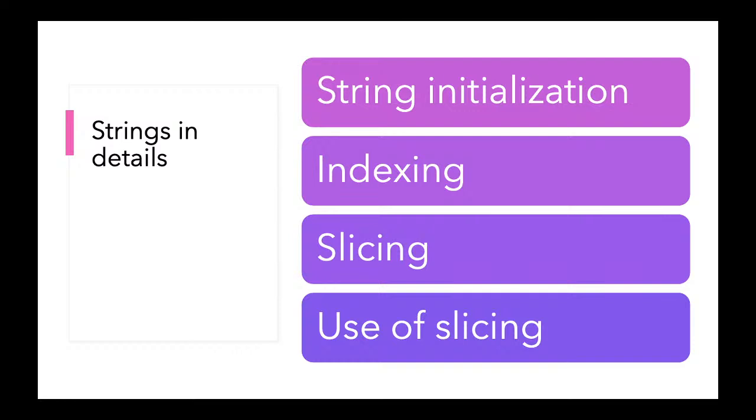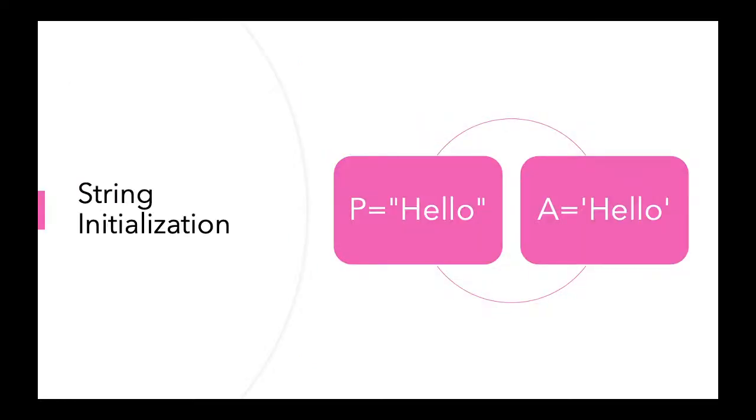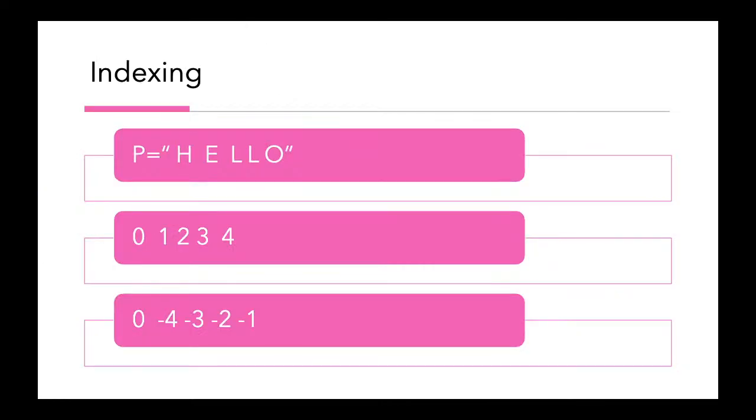Let's start with string initialization. We all know what is string initialization. We define any string in double quotes or single quotes. Next, let's directly move on to indexing. So indexing is a very beautiful concept laid out. Indexing is nothing but every letter or every particular thing in the string has been given a key.